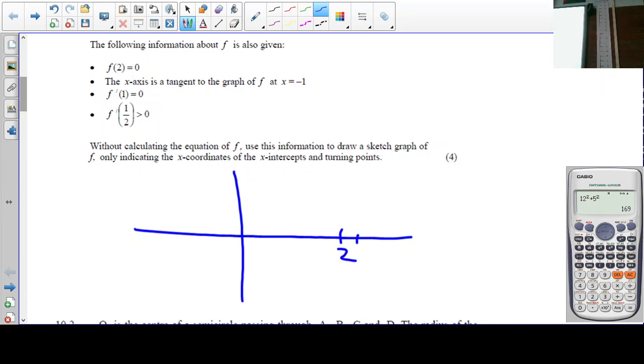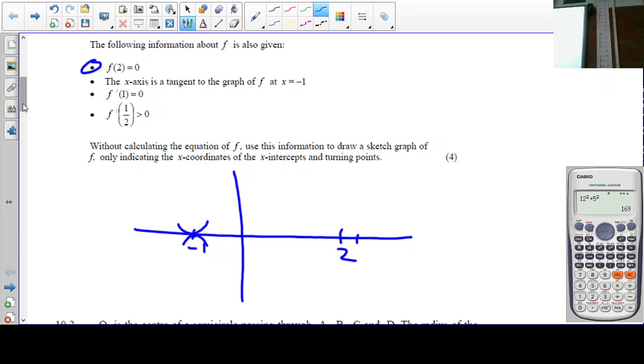Then we are told the x-axis is a tangent to the graph of f at -1. So what does that mean? The graph is turning at -1, or bouncing off at -1. So the graph is either going to do that or that at -1.